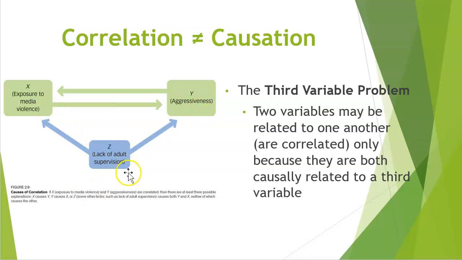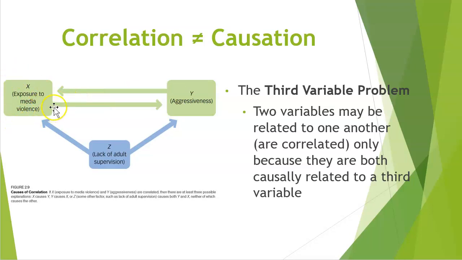Okay, so in this example, variable z is the lack of adult supervision, which can lead to aggressiveness, and lack of adult supervision can also cause exposure to media violence. Now, if you're only looking at the two variables x and y, exposure to media violence and aggressiveness, there's a positive correlation between them.